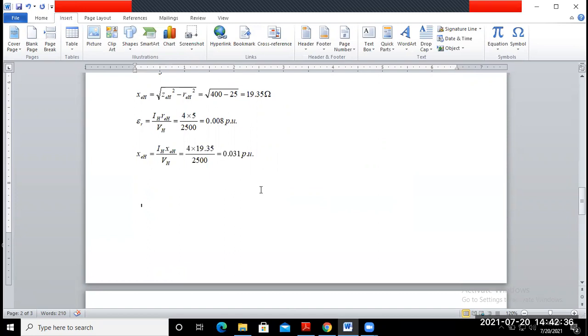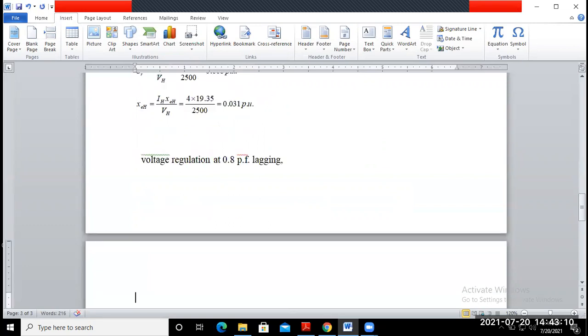So voltage regulation at 0.8 power factor lagging is written as how much?